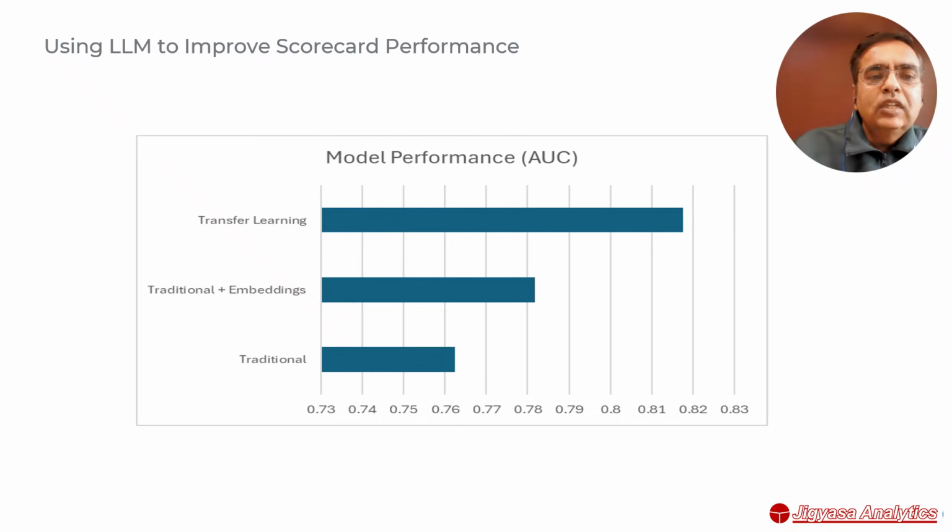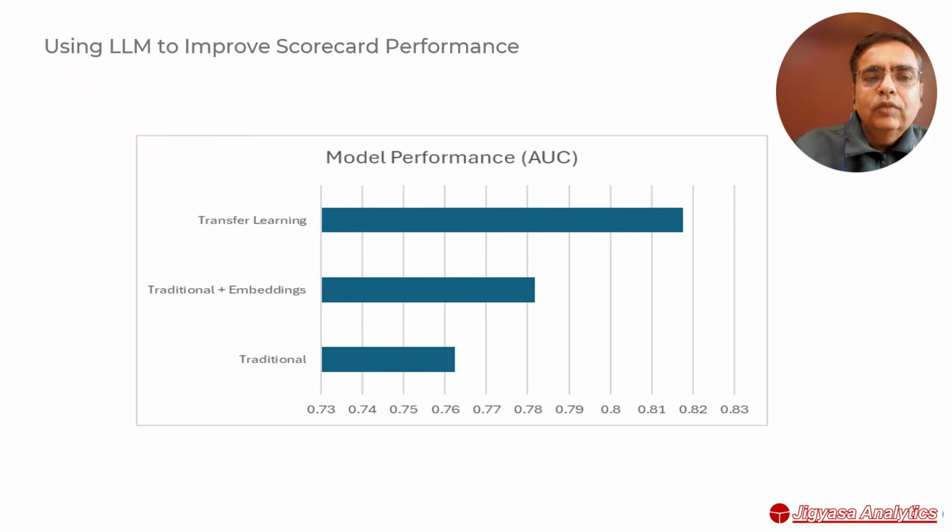So if you see here, this shows the AUC of a traditional model, which used just the standard credit variables you would use in a model. And then we used the traditional model plus the embeddings we extracted from a large language model.